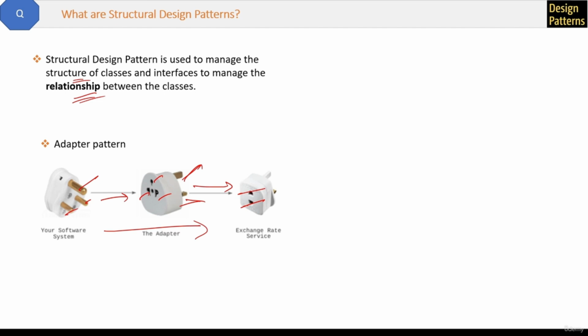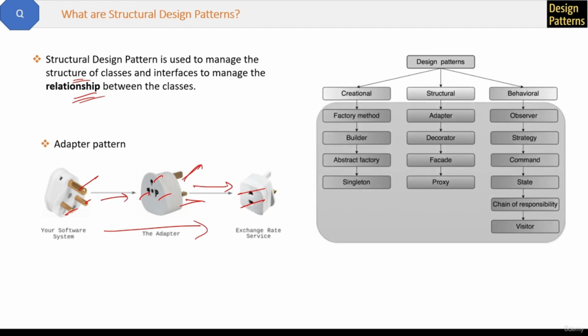So that is the adapter pattern, and that is like you are creating the structure for a relationship between the classes. Now here I took the example of applications, but the same we can do with the classes also. Similarly, like adapter, we have decorator, facade, proxy design pattern, which are also structural design patterns. I hope now you understand what is the structural design pattern.